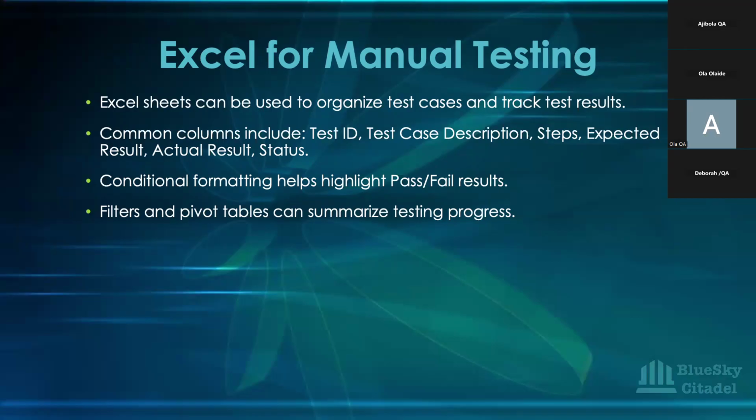Then the common columns that we have in Excel include our test ID, our test case description, our test step, the expected result, the actual result, and the test status. So our test ID is unique, but for instance, Azure DevOps actually generates a test ID for us.